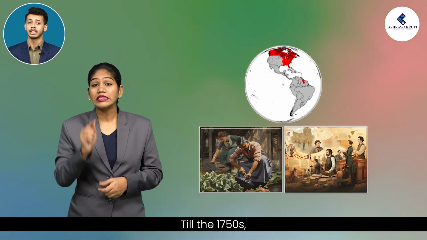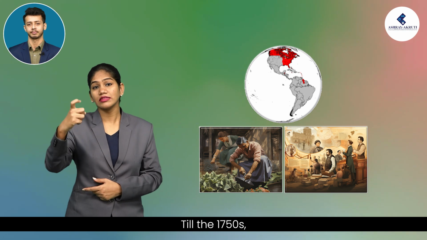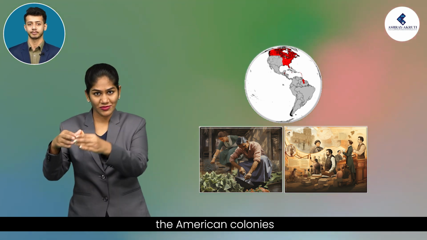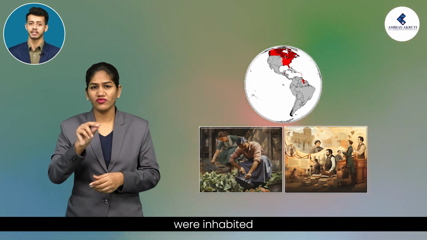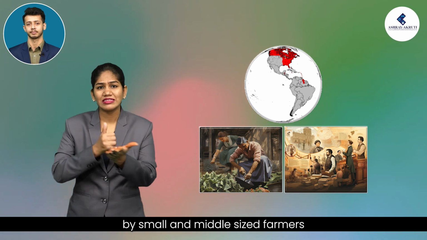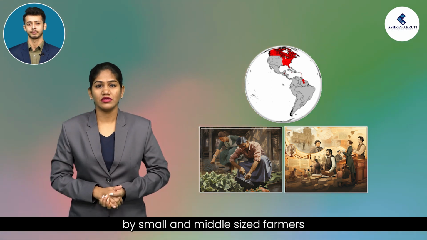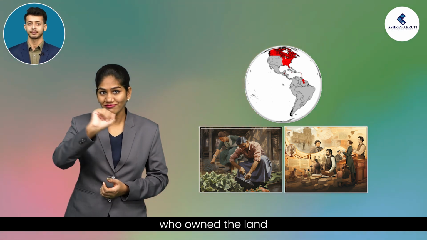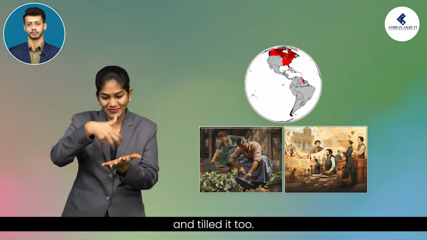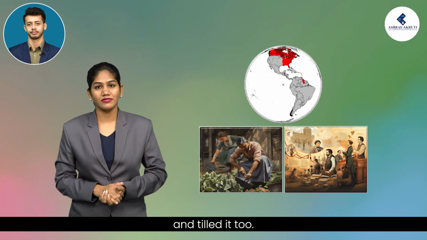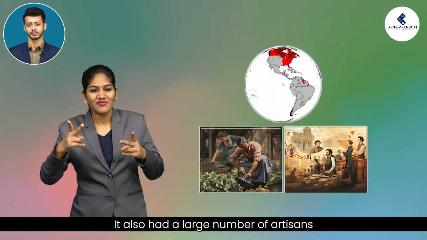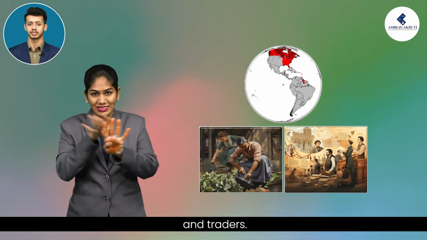Till the 1750s, the American colonies were inhabited by small and middle-sized farmers who owned the land and tilled it too. It also had a large number of artisans and traders.